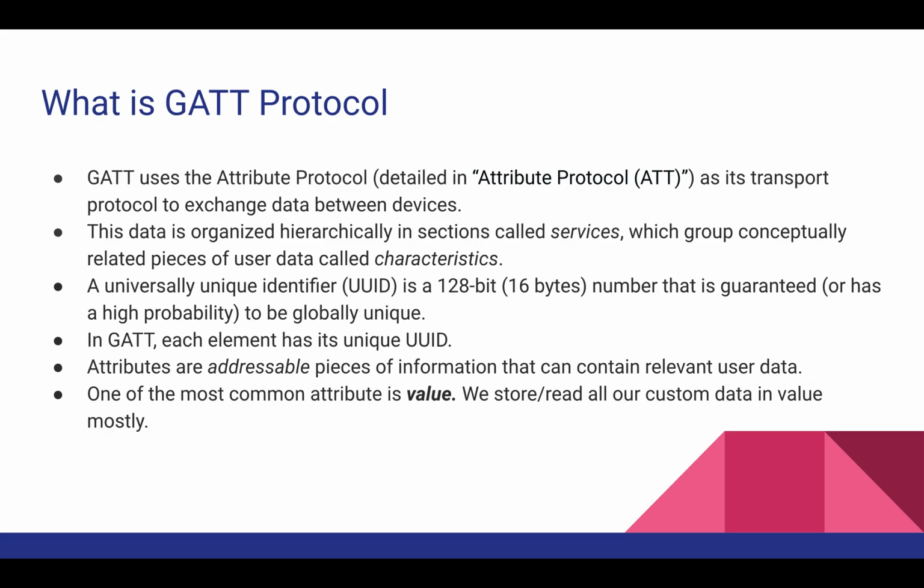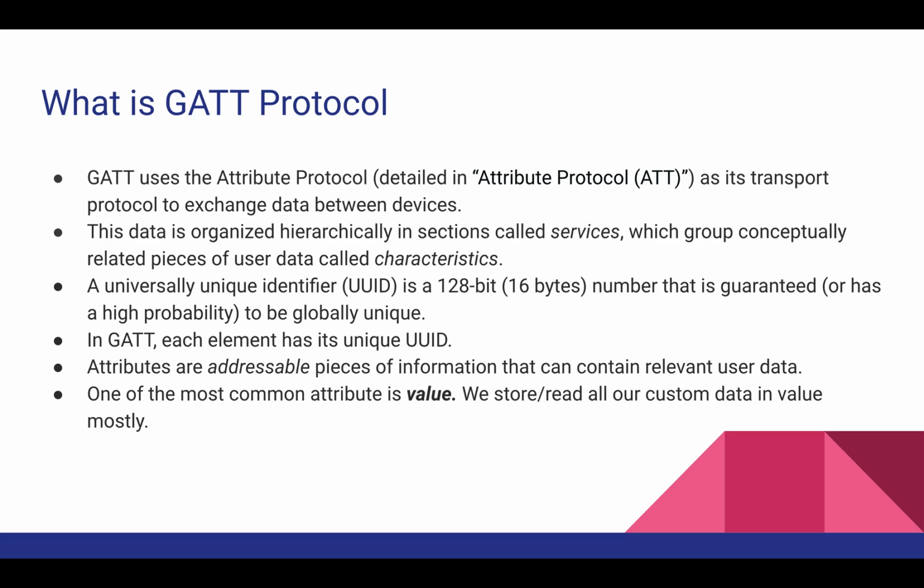Here, all types of data are organized as a hierarchy of services and characteristics. We group the data in the form of attributes, and groups of attributes are called characteristics.